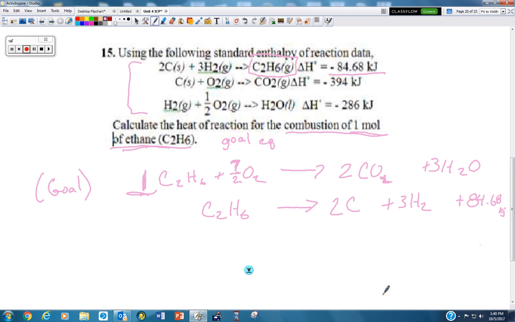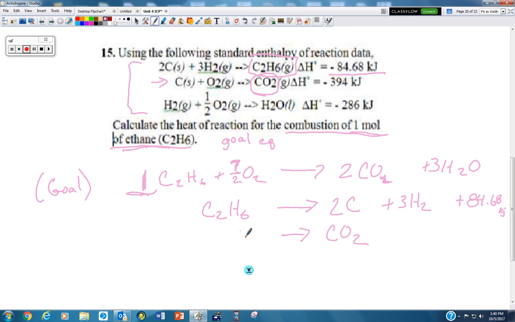Looking at the second step, what's the one piece of information that we need out of this one? CO2. We're getting oxygen there too, but the one thing that this one contributes that nothing else contributes is CO2. CO2 is on the product side in this one, so we're going to leave it just as it is.